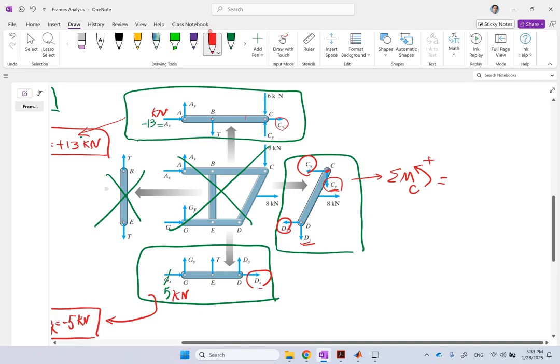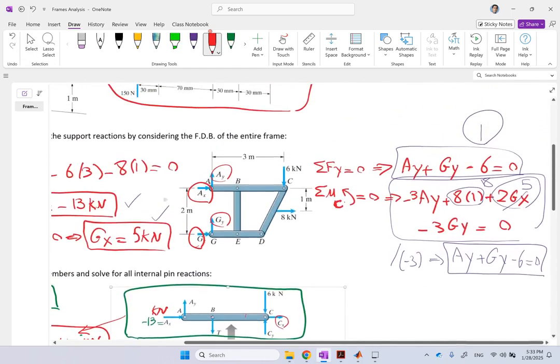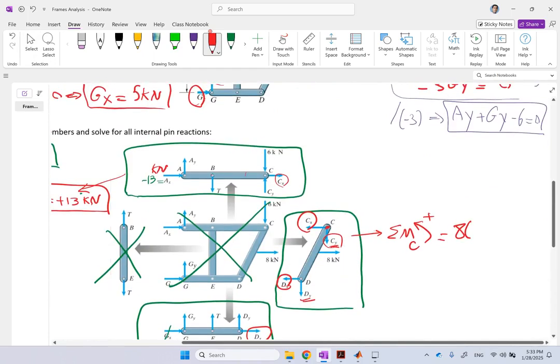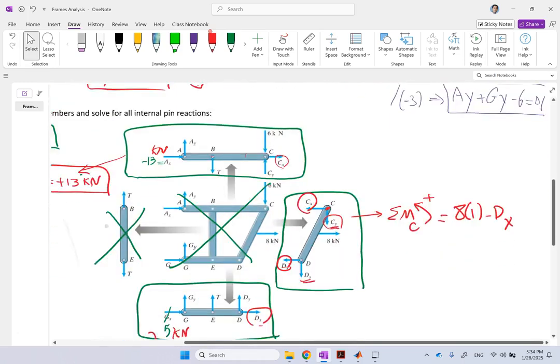So there is 8, and it's clockwise, so it's going to be 8 times, and remember, this distance was 1. And then what? You have a dx, which is clockwise, and the distance for dx was 2.